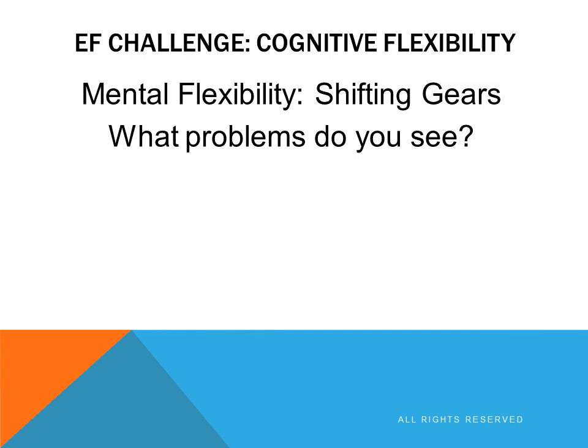So, what problems do you see? Identify in the next survey one problem, one cognitive inflexibility issue that you most often encounter when you are working with students or when you are a parent working with your child.